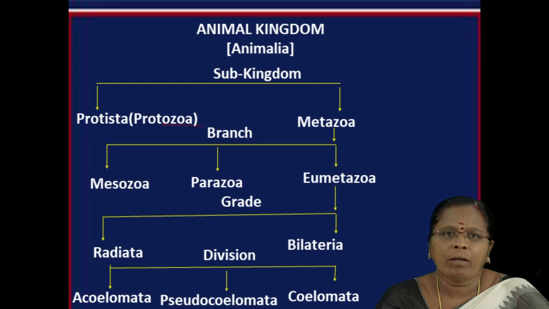Acoelomata: here there is no coelom, for example the platyhelminthes. Pseudocoelomata: here the organism has a false coelom, for example the Aschelminthes. Coelomata: all the animals from the Annelida up to the Chordata are placed under the coelomata. They have the true coelom, that means the cavity is lined with epithelium.